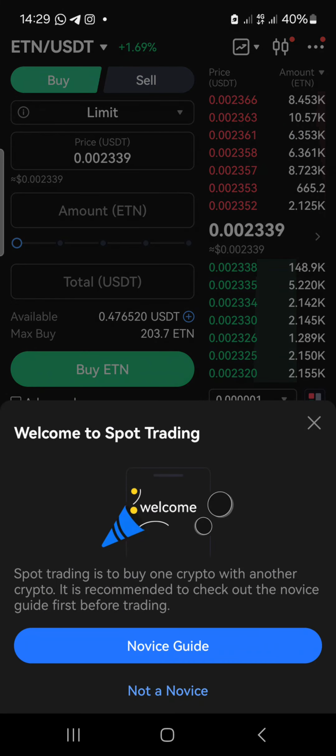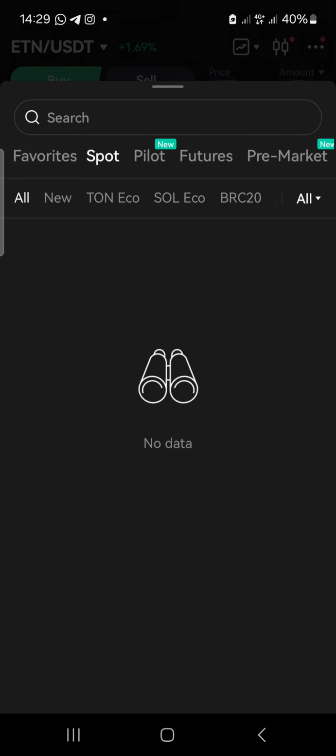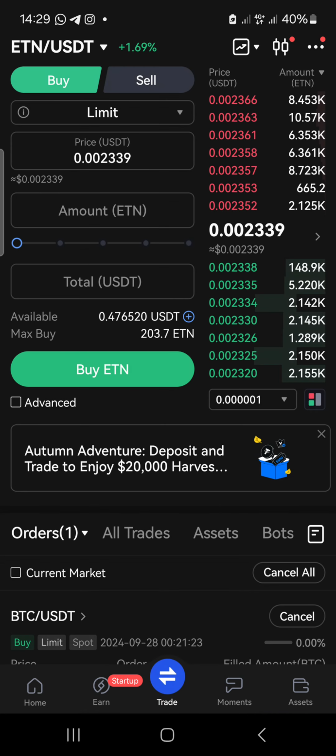Okay, so let's not use TON again. Let's use another pair, another coin. When you get to this point, you want to search for the coin you want to buy. Remember, what you search for is the ticker, the short name.